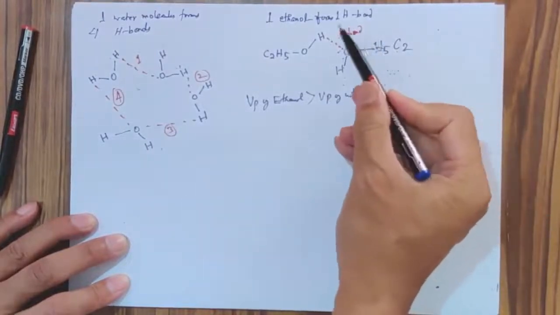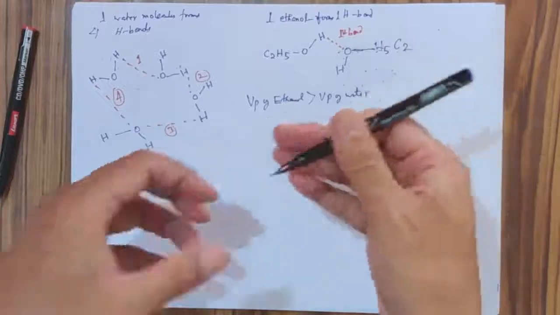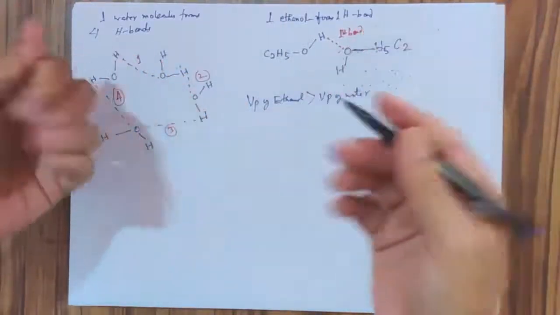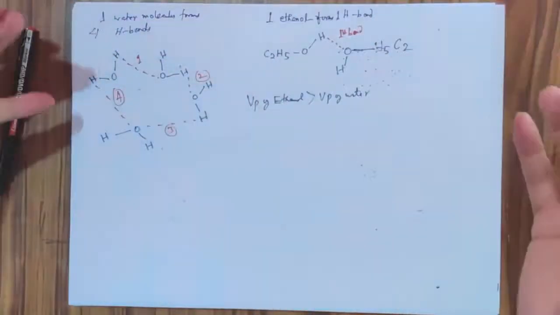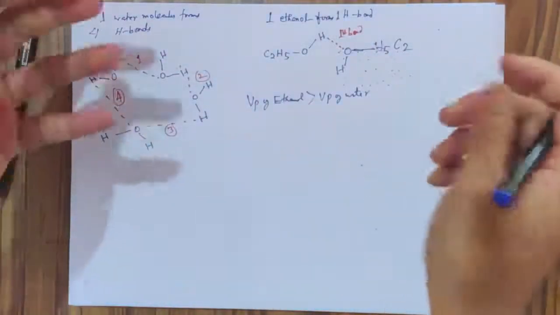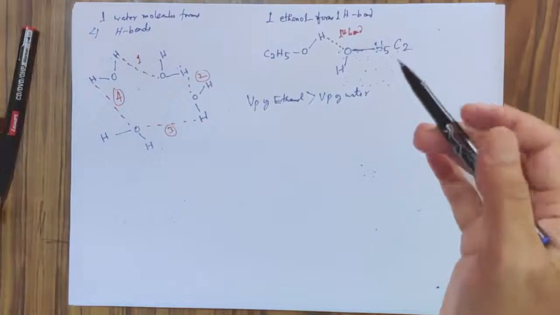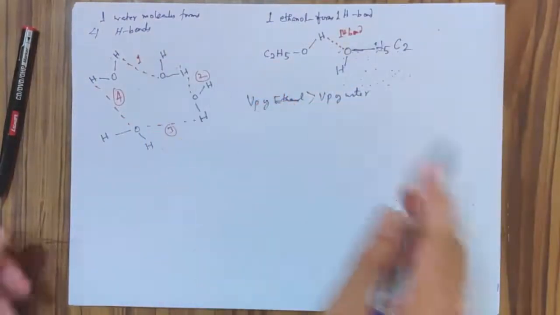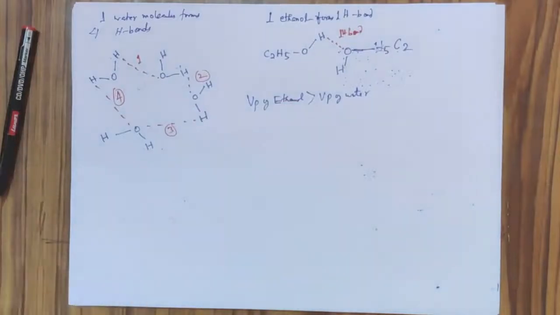In ethanol, the hydrogen bonds break up easily. Hydrogen bond is a very weak bond, so the molecules are more mobile. They can evaporate easily. Whereas in water, the hydrogen bonding is strong, so evaporation is hard.